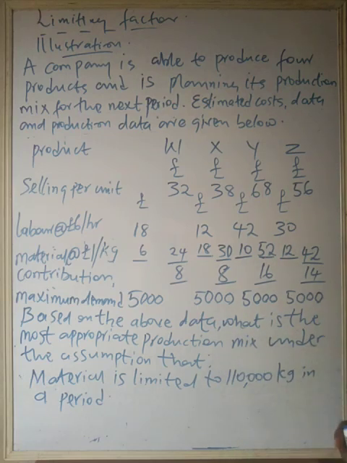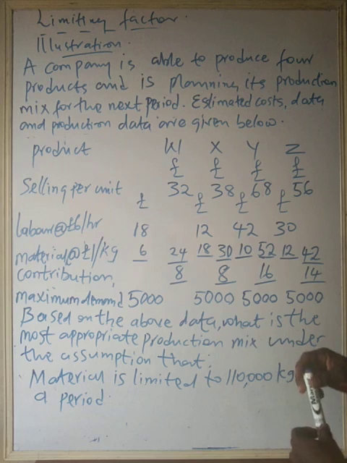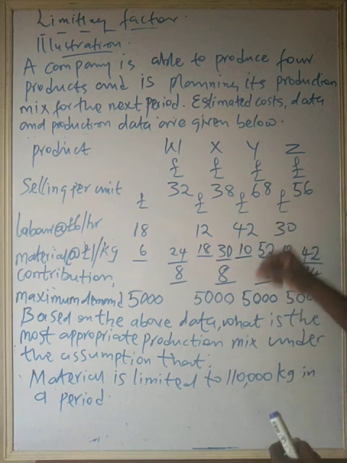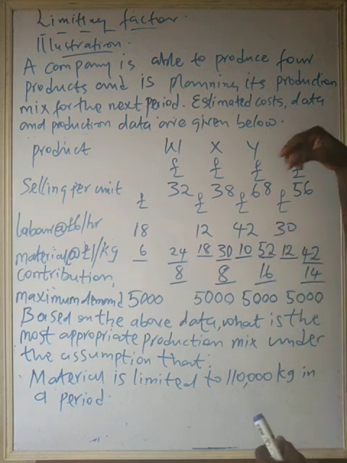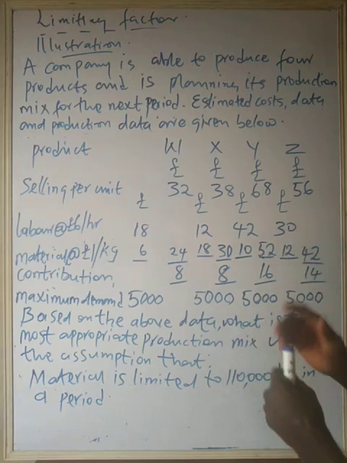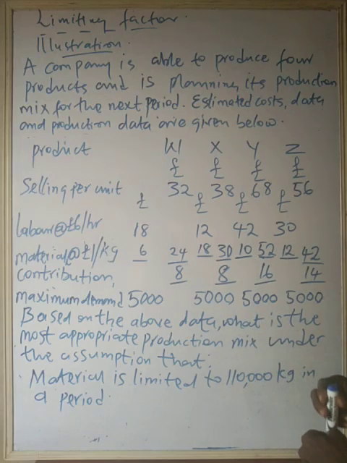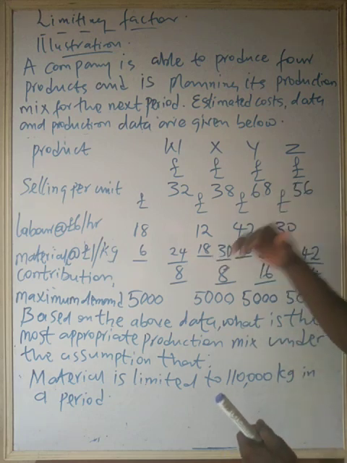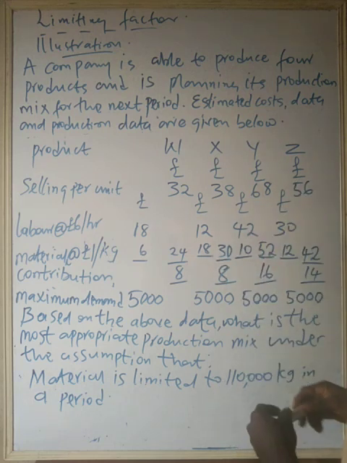For us to determine, you have to do the calculation. That is why we say in our former video that limiting factor is one of the costing methods that helps management in making decisions. And how do you make decisions? You use the marginal cost to make decisions.